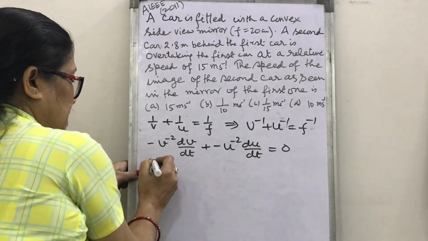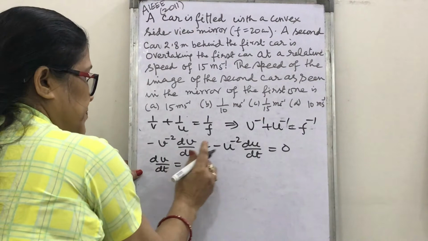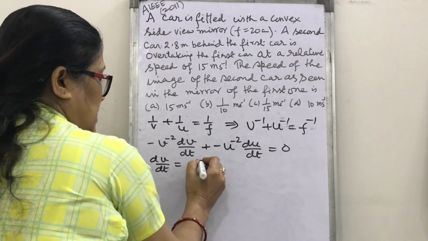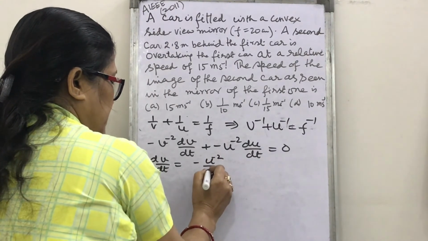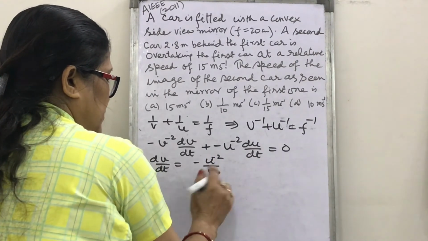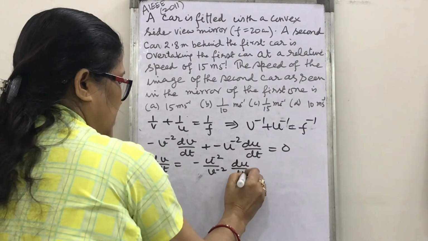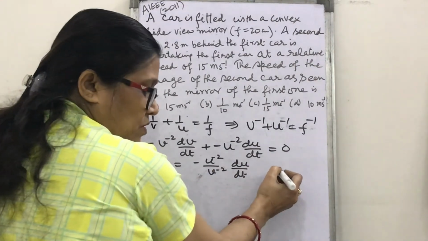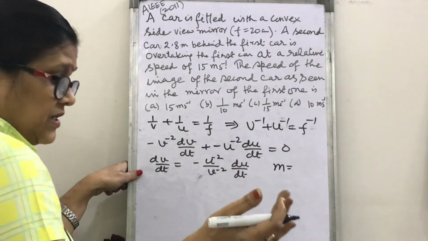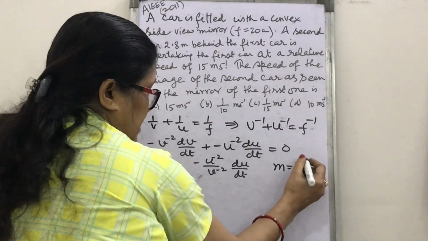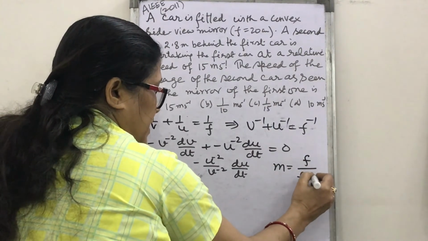Now you can write this expression as dv by dt equal to minus u to the power minus 2 upon minus v to the power minus 2 du by dt. As you know, what can you write for m? We have seen in the magnification relation that m can be written as f upon f minus u.